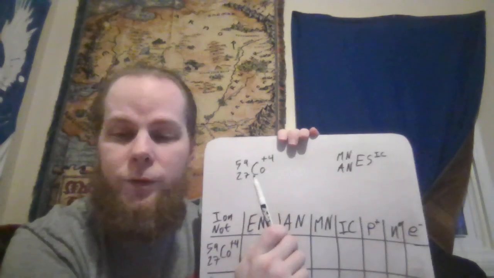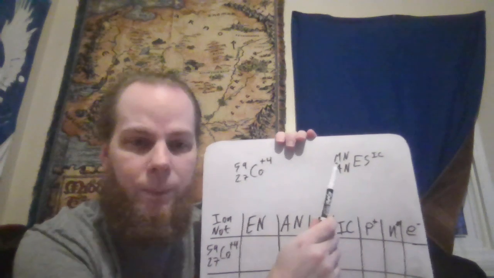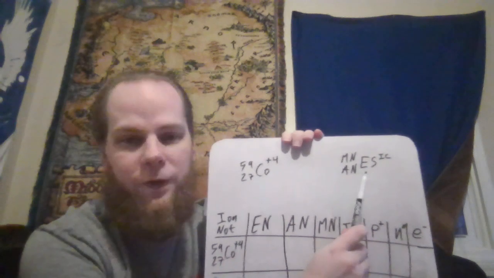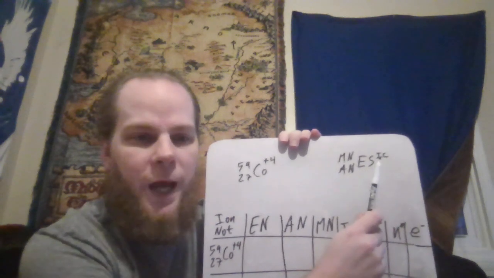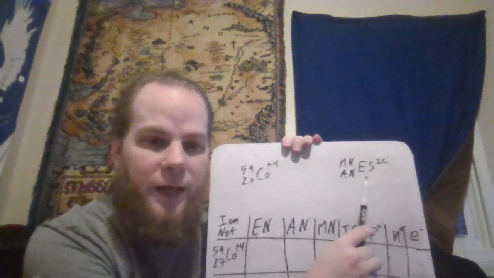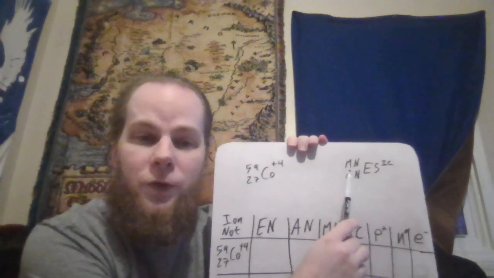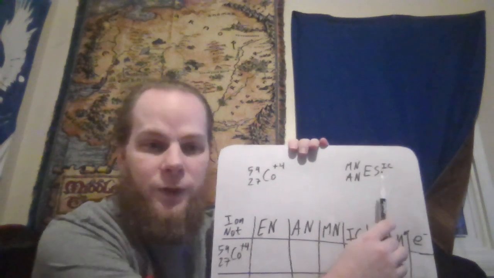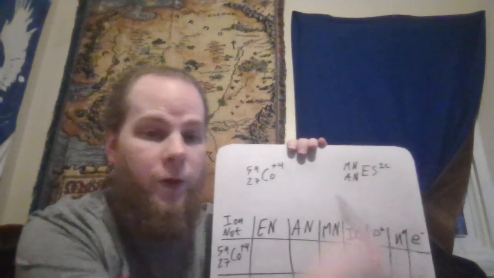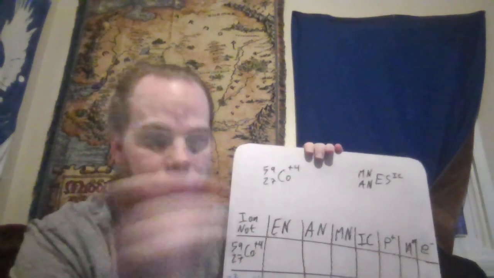It's formatted like this: the number on top is the mass number, the number on bottom is the atomic number, the letters are the element symbol, and the exponent is the ionic charge. So we're giving you its elemental identity, its isotopic identity, and its ionic identity, instead of giving you the particles directly and asking you to figure out these identities. This time we want you to figure out the particles.